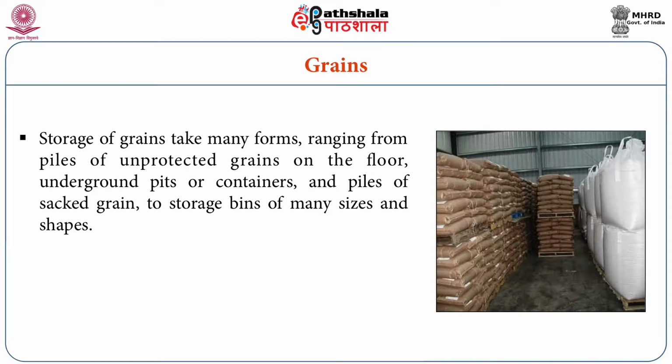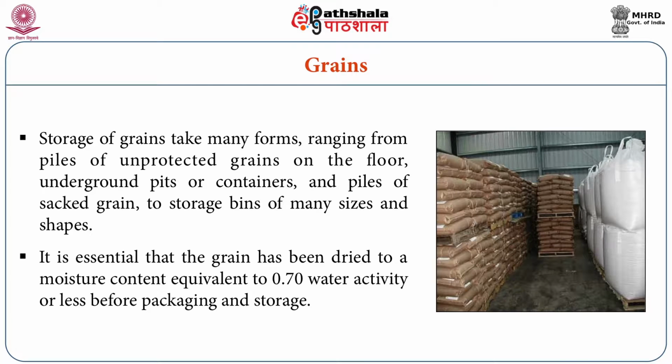Storage of grains takes many forms, ranging from piles of unprotected grains on the floor, underground pits or containers, and piles of sacked grains to storage bins of many sizes and shapes. It is essential that the grain has been dried to a moisture content equivalent to 0.7 water activity or less before packing and storage.